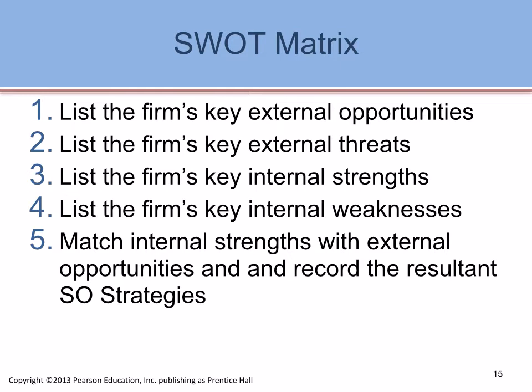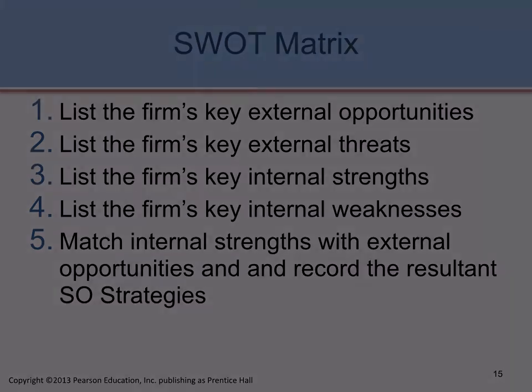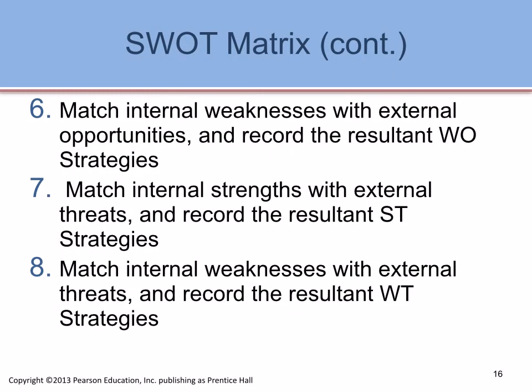So after listing all of these factors, we start with the SO strategy of matching the internal strength with the external opportunities, which is the best case scenario for maximizing our firm's objectives, which is also known as a maxi-maxi strategy. Again, the second step, we develop the WO strategy. We develop the ST strategy and we develop the WT strategy.